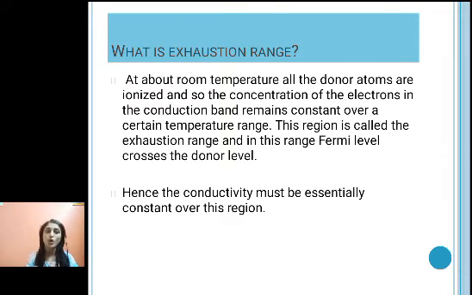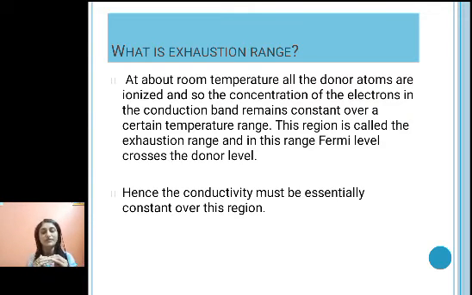Now what is exhaustion range? At about room temperature, all the donor atoms are ionized, and so the concentration of the electrons in the conduction band remains constant over a certain temperature range.